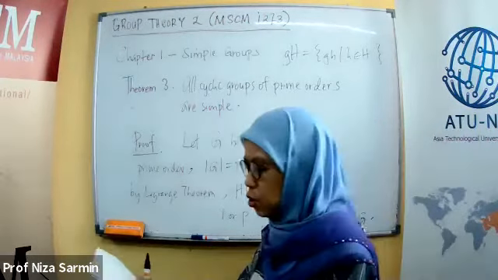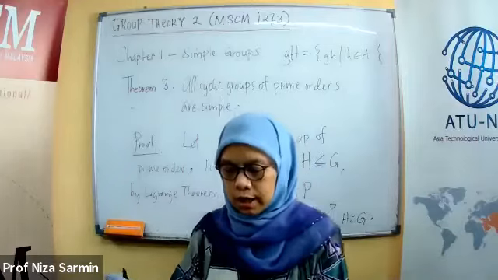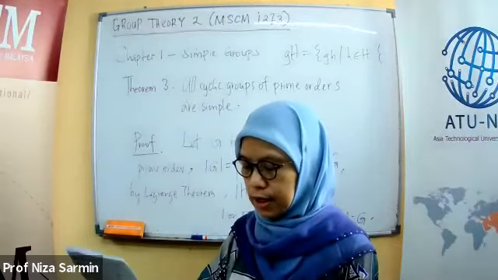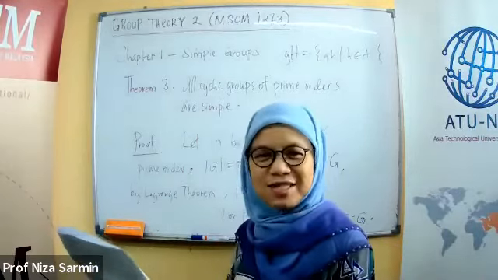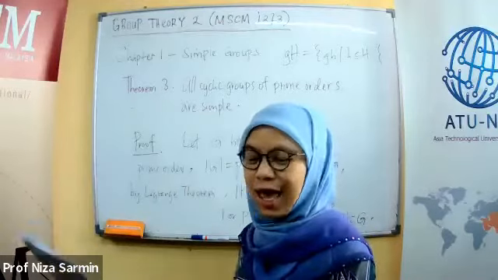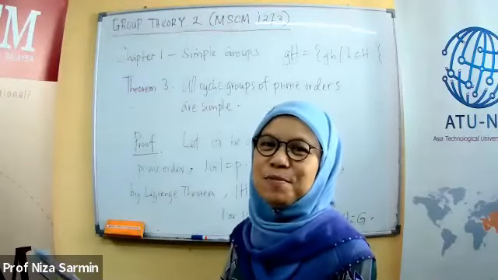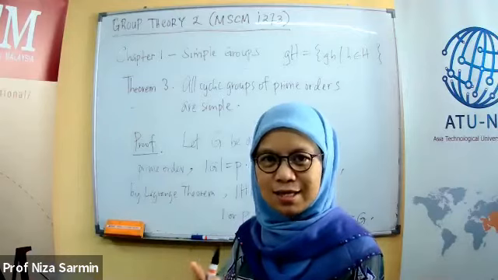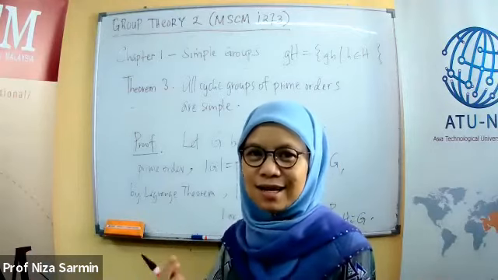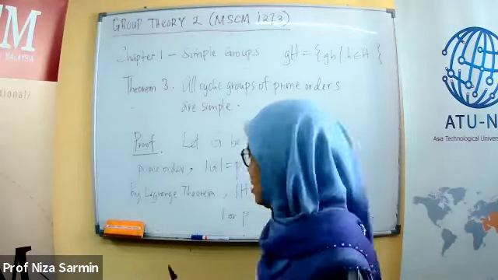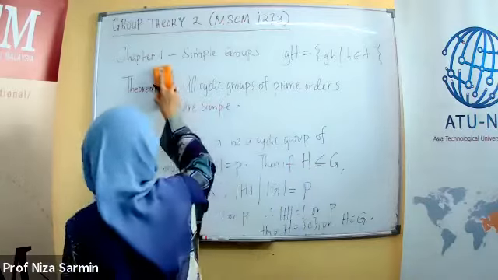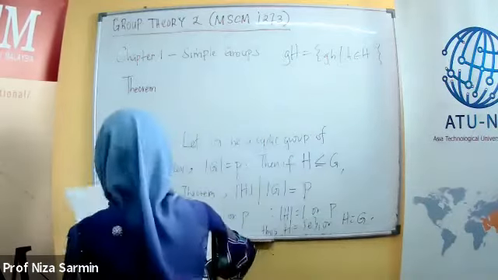Now we go to theorem 1.4, which is an exercise. Exercise means make sure you try this and I can ask in the next class. Okay, let me write. Theorem 4.